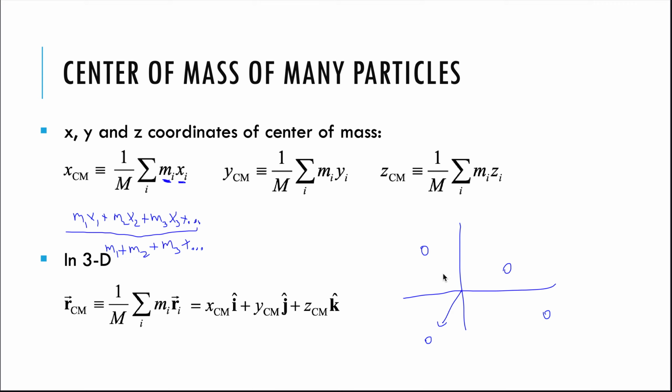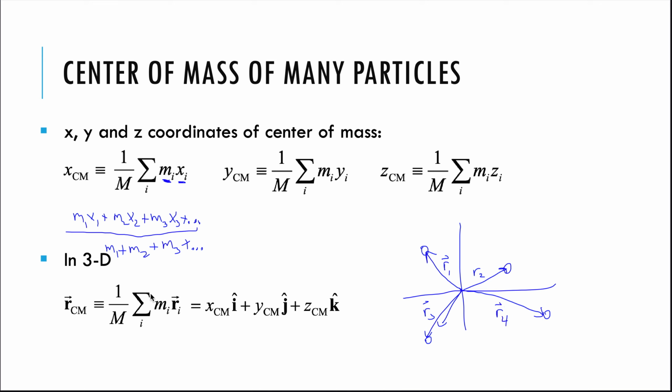So each particle has a position vector r: R1, R2, over here R3, etc. What you would do is add up all of these position vectors, and once again divide by the total mass.